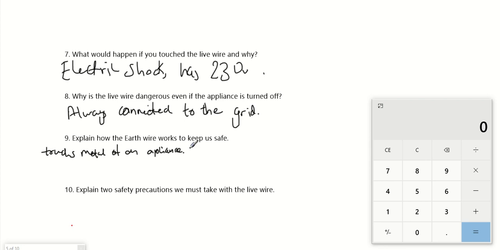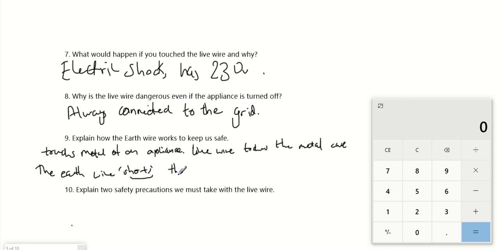And then what happens next is if the live wire touches the casing, the earth wire shorts the circuit. If you're not sure what that means, it stops the electricity from flowing.